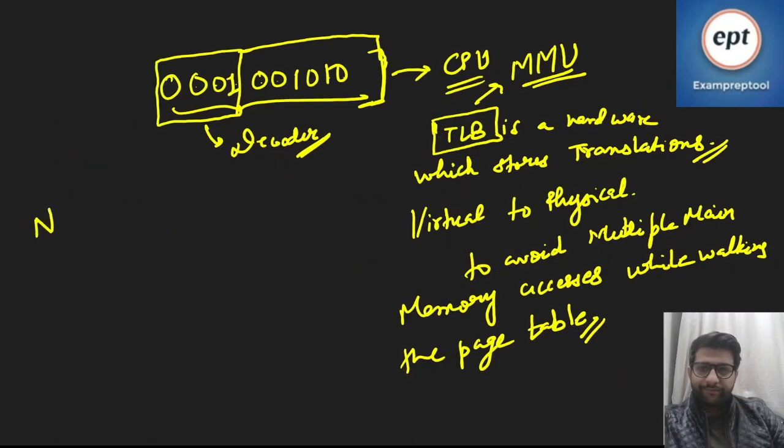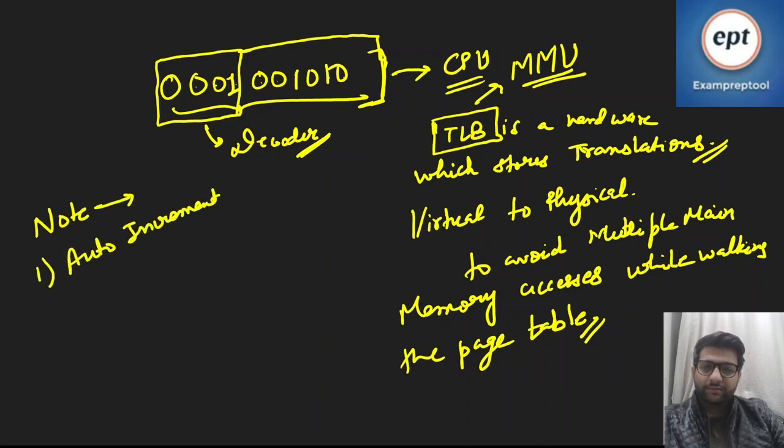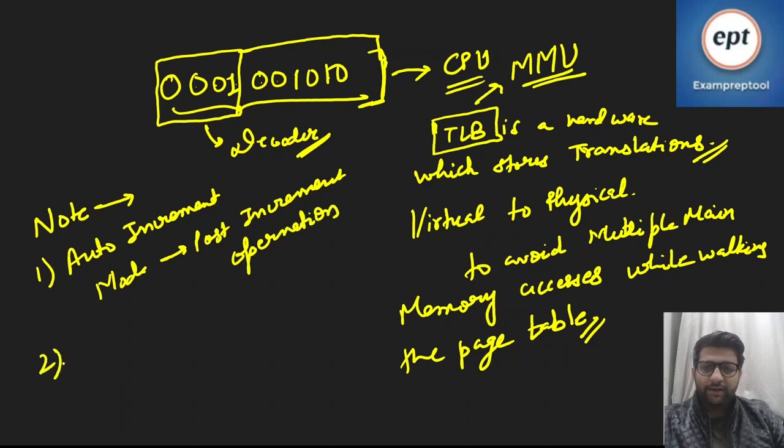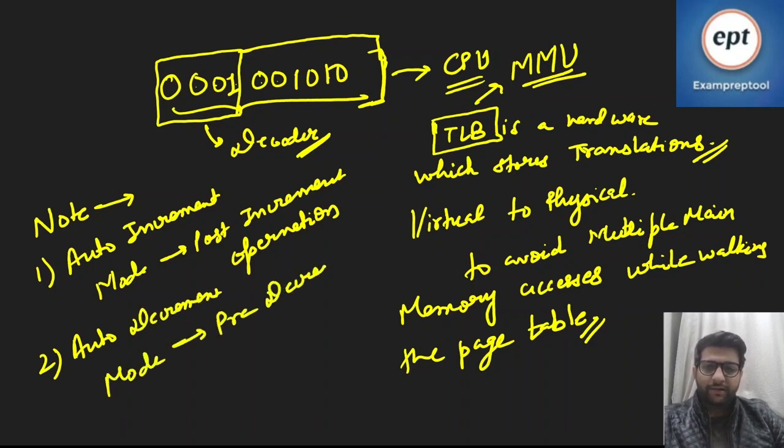So again, a note. This is to remember that the auto increment mode does a post increment operation, and the auto decrement mode does a pre decrement operation.